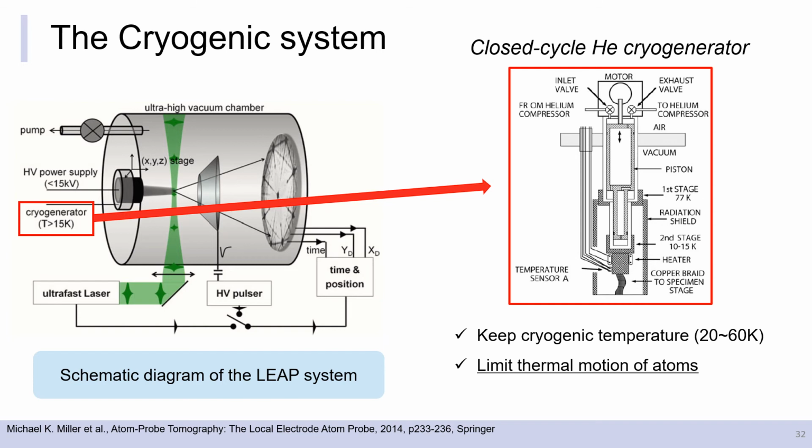Specifically, most modern LEAP systems use a closed-cycle helium cryogenerator to provide very low temperature conditions. This type of cryostat lowers the temperature by removing the heat generated during compression and expansion of helium gas.